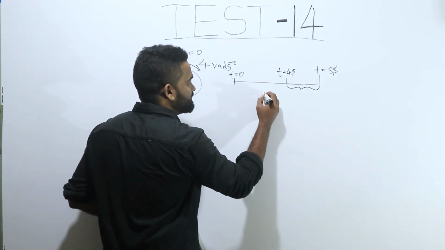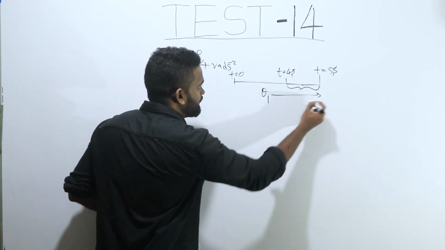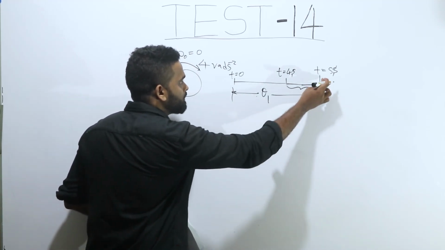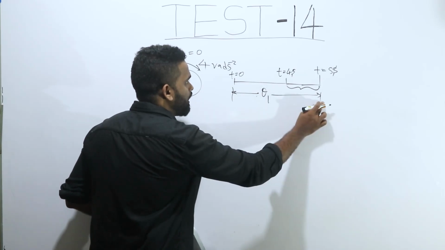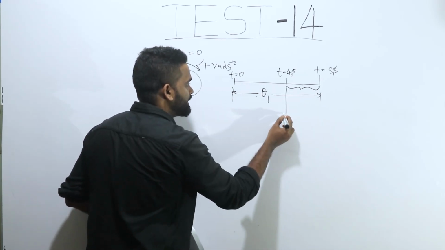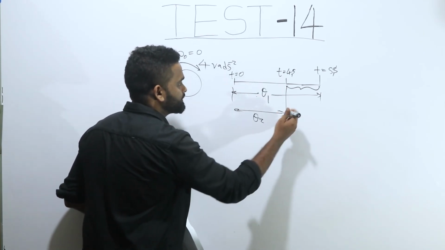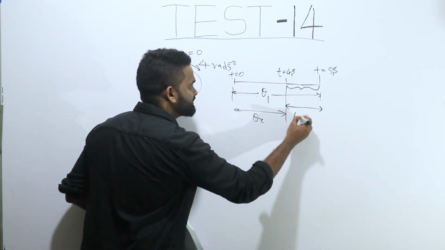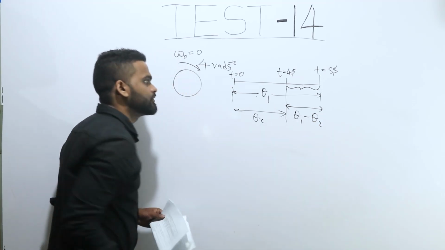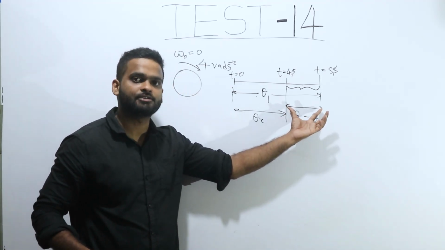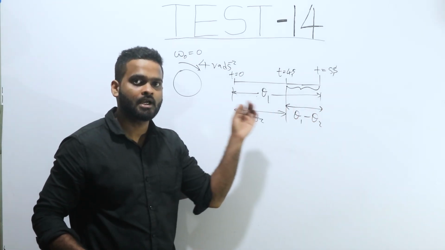I will say it has an angular displacement θ1 after 5 seconds and θ2 after 4 seconds. So what they ask is actually θ1 minus θ2. This is the angular displacement at the fifth second.